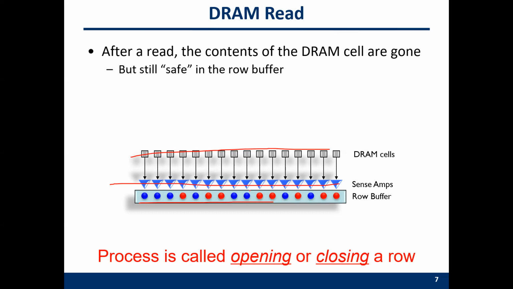This means you open a row. So when the row is open, you have two different options. Option 1, you can keep this row open and just wait and do nothing. So if your application has a consecutive read to this row, then you don't need to open the row again. You can directly send the data out of the row buffer.